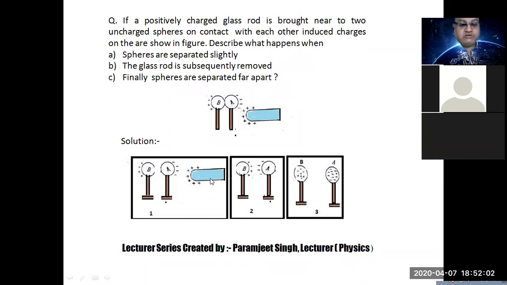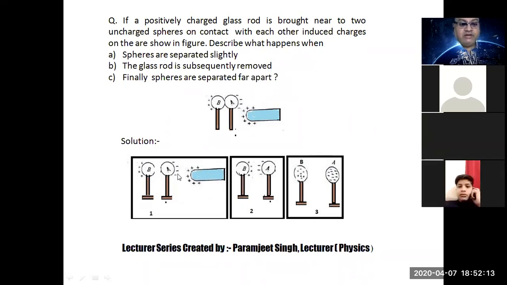Now slowly we remove the glass rod. In the second figure, there is no glass rod. Now these charges are opposite, positive and negative, so they will move close to each other. In this figure, the positive charge has shifted toward this surface and the negative charge has shifted toward the other.